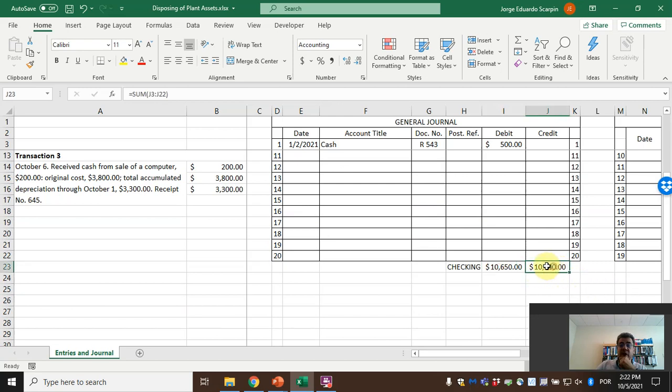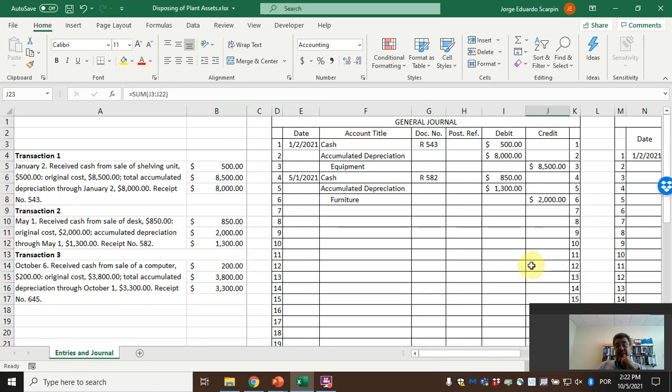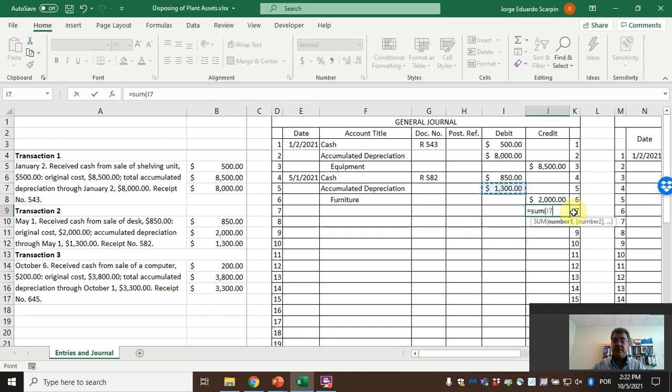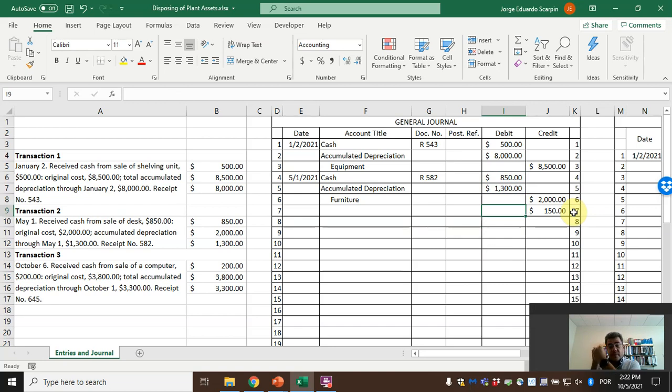We have more debits than credits. We need credit here. So if we need credit, how much? The sum of debits minus our credit, $150. Credit, let's think about the income statement. Revenues and gains, they are credit accounts.